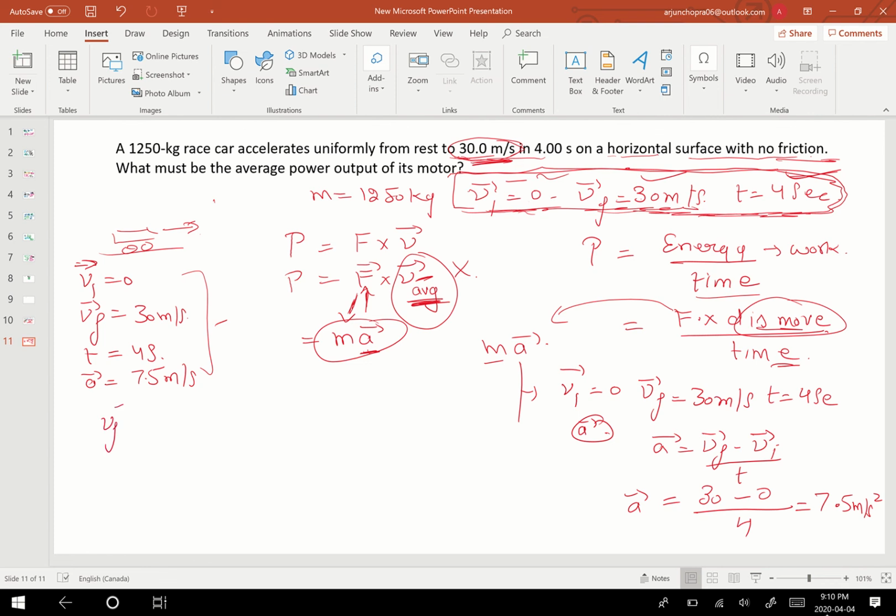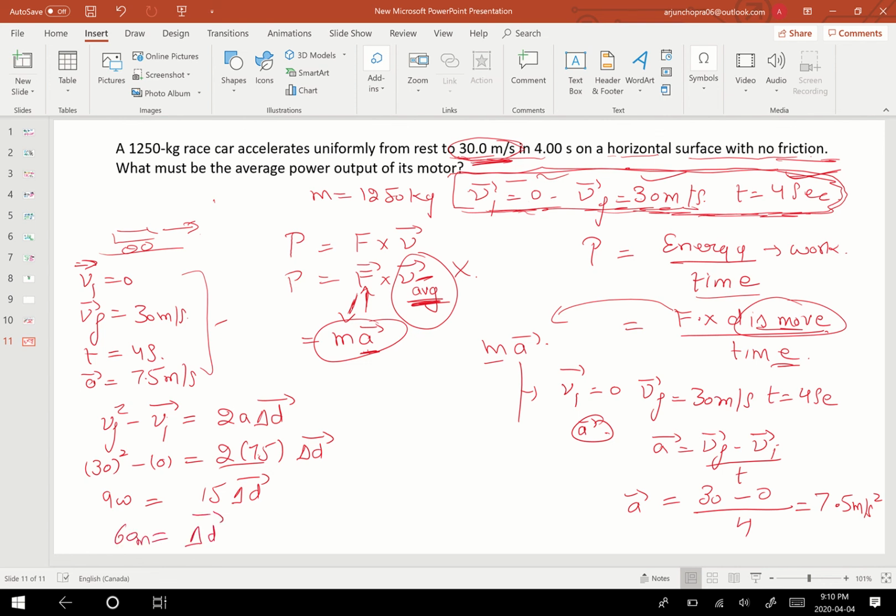So I'm going to use v final square minus v initial square equals 2a delta d. 2 times the acceleration, 7.5, and delta d, which I want to find. v initial is 0, and v final squared is 30 squared, which is 900, equal to 2 times 7.5, which gives 15, so 15 delta d. 900 divided by 15 is 60. So the displacement came out to be 60 meters.